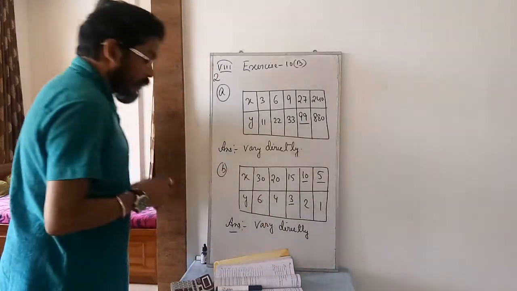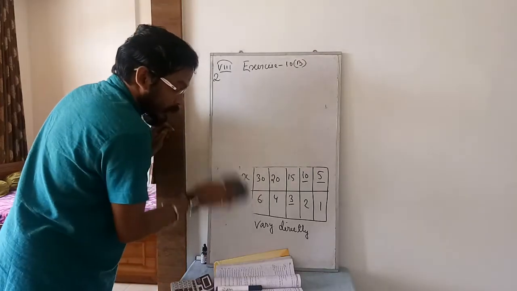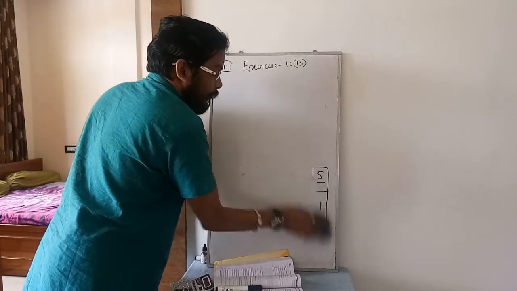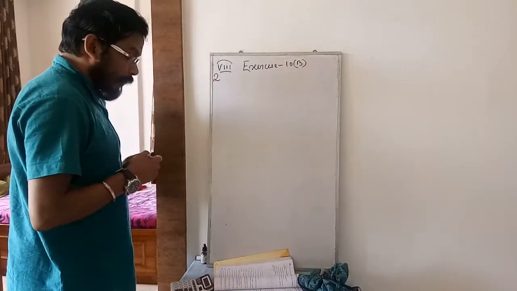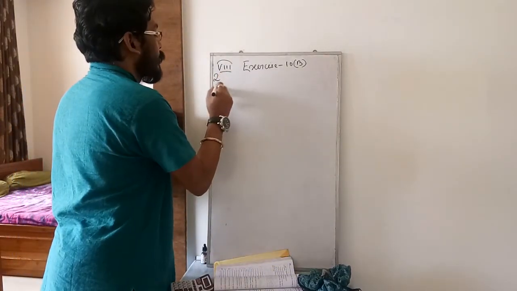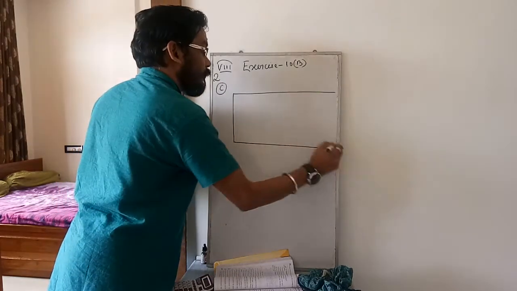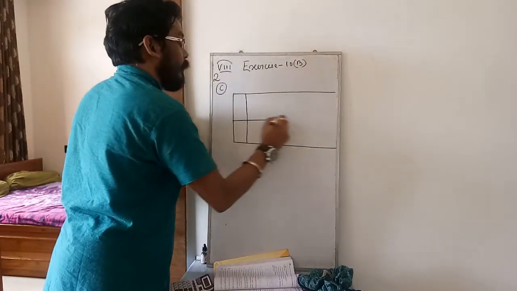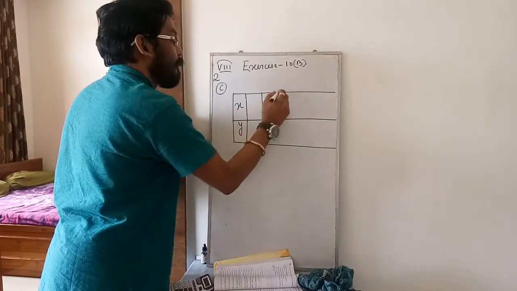Now C number, 2C. What did they say? The box is x by y. Here also 5 columns you will get. So let me make the box. It is x by y.